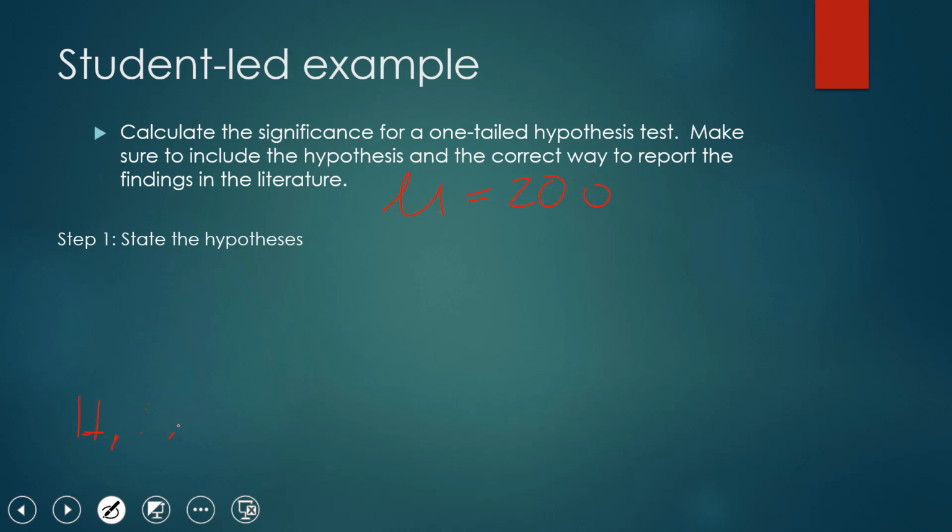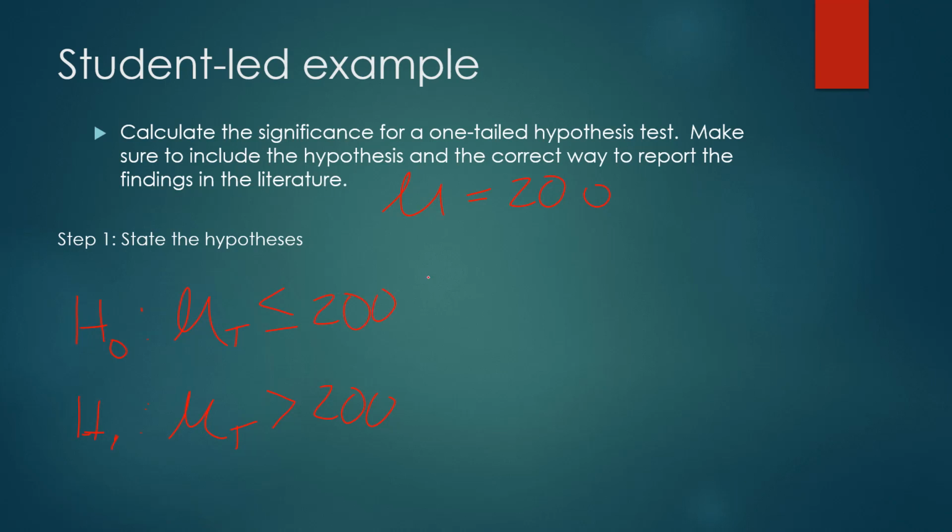And we're going to say that the mean of our treatment group is greater than 200, which means that our null hypothesis is going to say that the mean of our treatment group is less than or equal to 200.